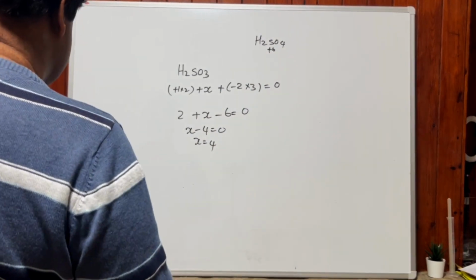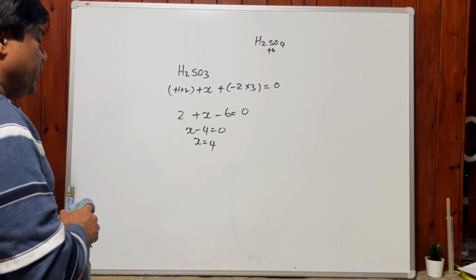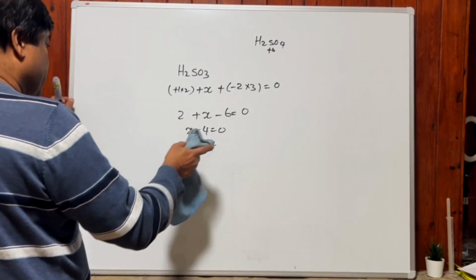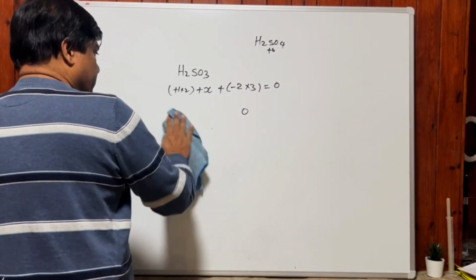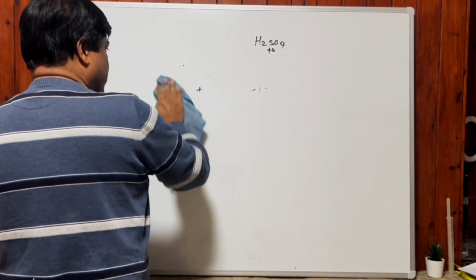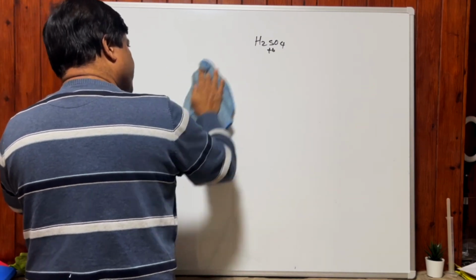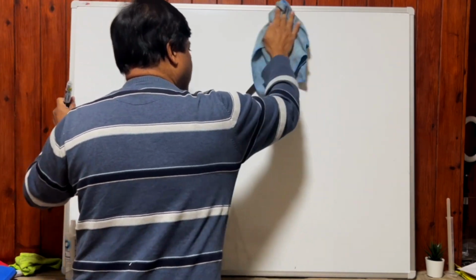Now we will do oxidation state of chlorine in different compounds of chlorine, or phosphorus. Let's do the phosphorus first. Oxidation state of phosphorus in its various compounds.